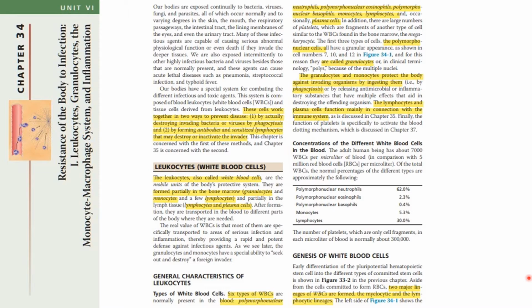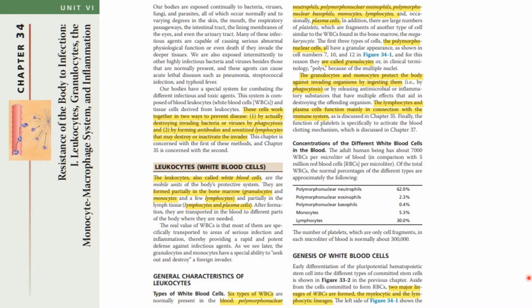The first three types of cells are the polymorphonuclear cells, and all have a granular appearance. For this reason, they are known as granulocytes. These are your polymorphonuclear neutrophils, polymorphonuclear eosinophils, and polymorphonuclear basophils.